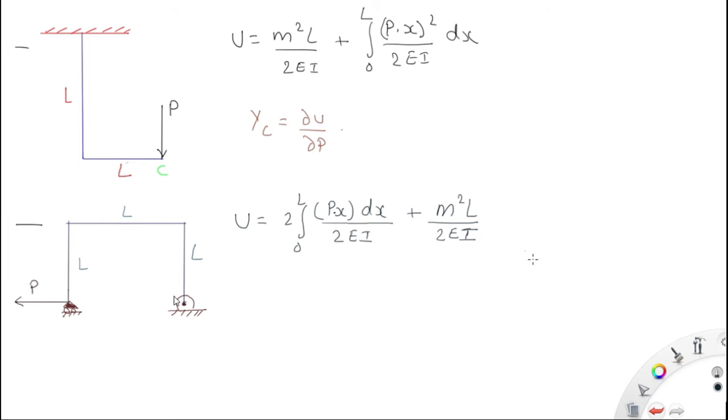So 2 into the integral from 0 to L of P into X dx by 2EI, and here the bending moment will be P into L, so M square L by 2EI.